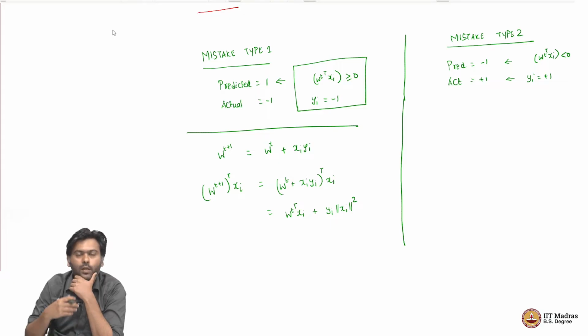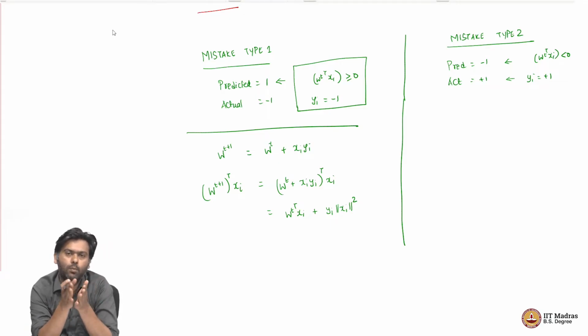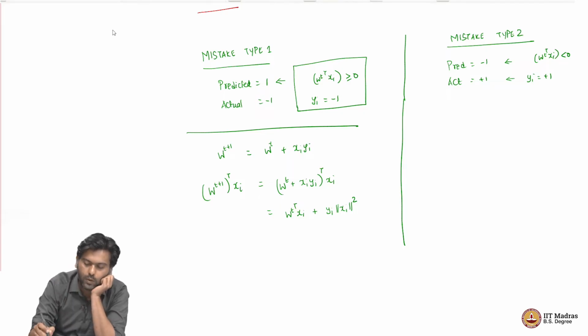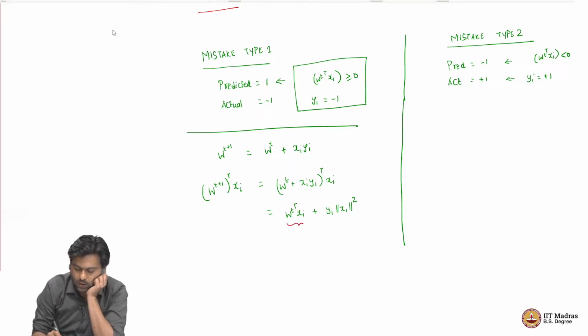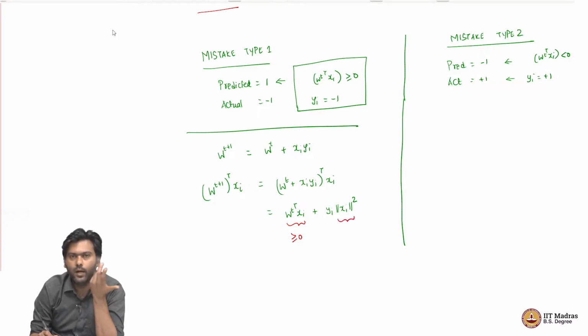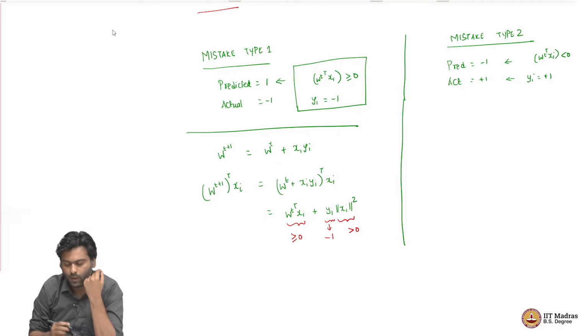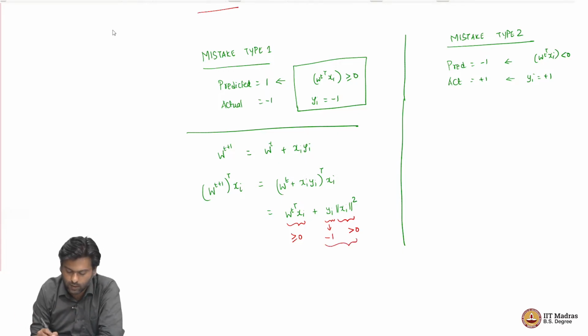Well, this is the new W's dot product with the point where the old W made a mistake. But now in mistake type 1, W_t transpose x_i is greater than or equal to 0. Norm of x_i squared is always a positive quantity; you can simply assume that the data points are not all 0, so it is greater than 0. But because there is a mistake, y_i was minus 1, which means that this whole term is negative.